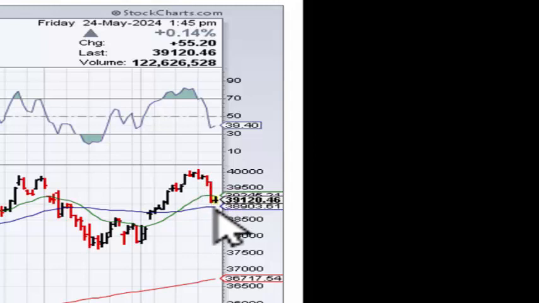I'm recording this just about a half hour before the close of the market, and we'll see where it closes right in here. That'll be very interesting, and you'll see this in the Saturday market recap, which I do on Saturday morning. Just take a look at that, and we'll see how this market actually closed.